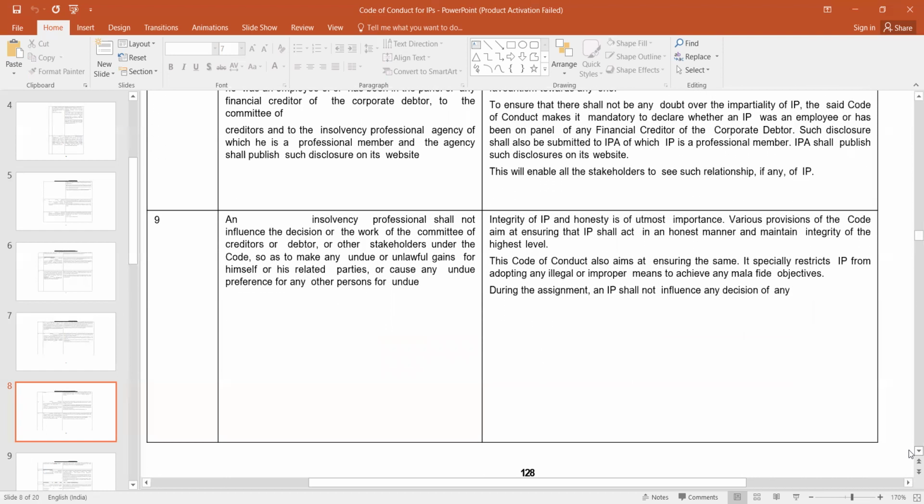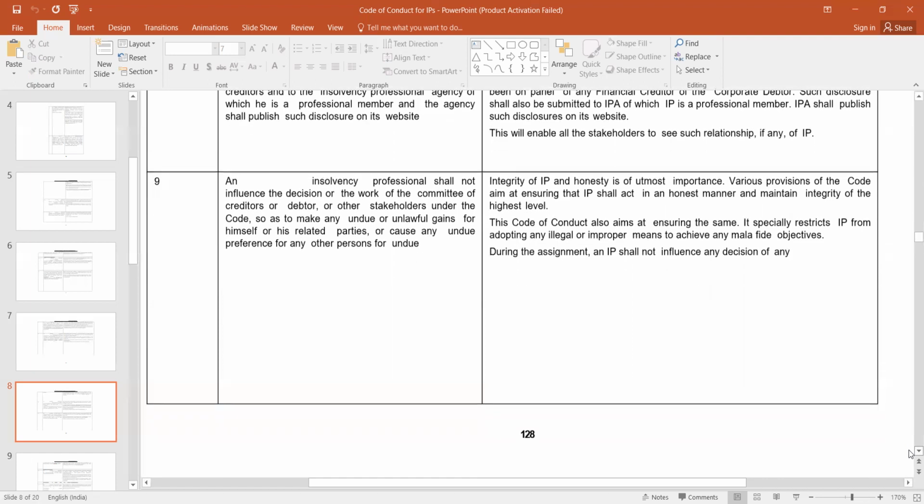So you should not influence the decision or the work of the COC or any other stakeholders. So integrity and honesty of the IP is of utmost importance. Various provisions of the code aim at ensuring that the IP shall act in an honest manner and maintain integrity of the highest level.